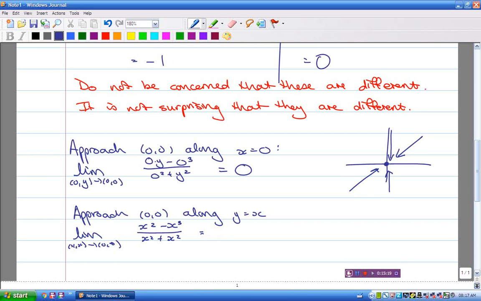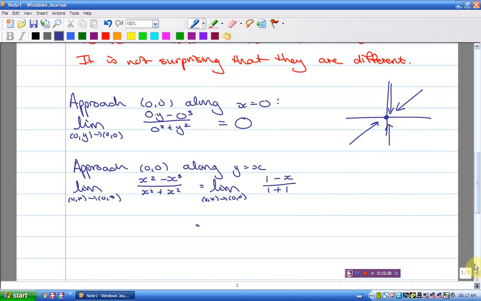If x is tending to 0, by definition it means x is not 0. So that's 1 minus x over 1 plus 1. And that limit, if we allow x to tend to 0, the x term gradually fades away, and our limit is 1 over 2. Our expression is never equal to 1 over 2, because x is never equal to 0, but our expression approaches 1 over 2 as x approaches 0.